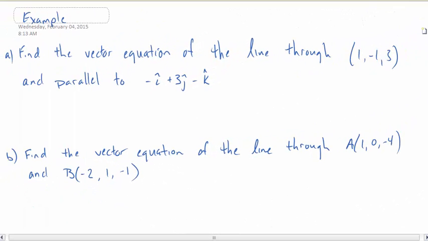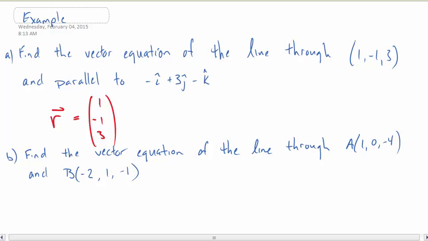All right, let's write a couple vector equations. I want you to pause the video and see if you can write down an equation for part A. All right, so it's a vector equation, ladies and gentlemen, which means we do need something equals. I'll call it R equals. A lot of times we use vector R to mean line, but you don't have to. You could use L if you wanted. We're going to take a point as a vector.